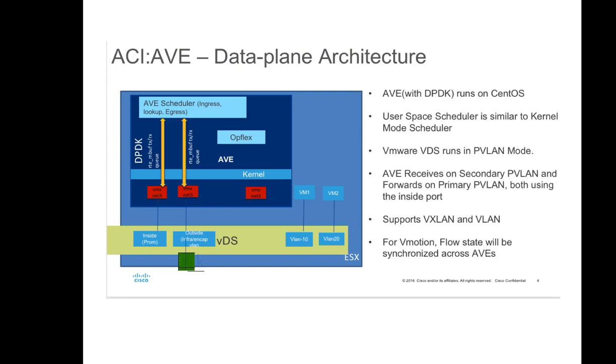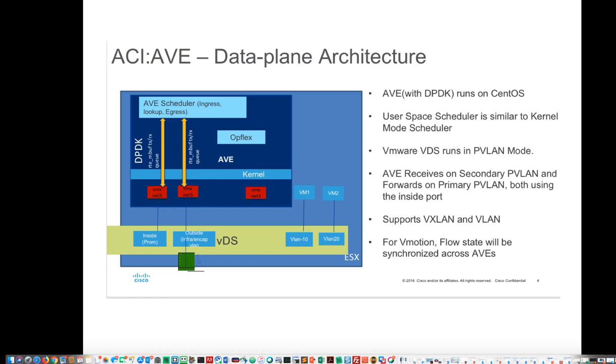However, AVE uses the DPDK architecture, and because of that, it has been purpose-built and is very efficient in packet forwarding. So from a performance perspective, there is really not a lot of difference. In addition, because of a consistent interface, the AVE turns out to be a better option than the previous AVS.